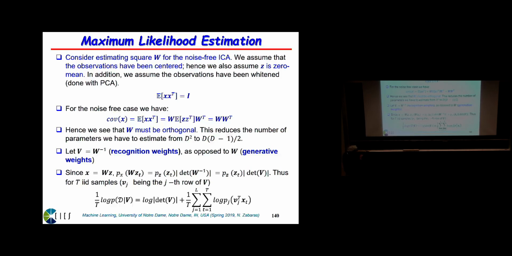So E of X will be 0, and E of X X transpose equals I. So the data X that I give you are uncorrelated. We can do this with regular PCA.